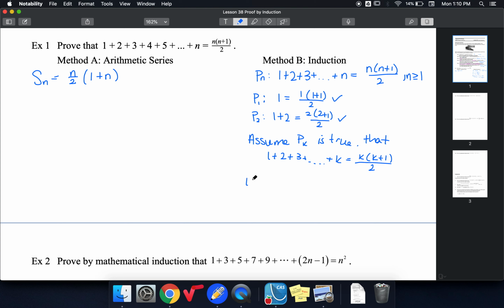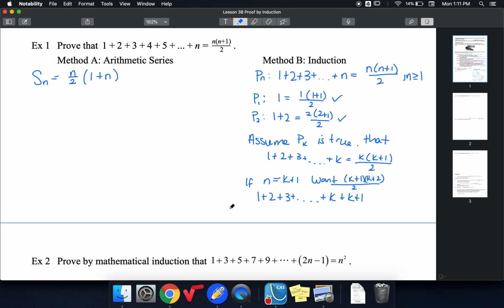If n equals k plus 1, then we would have 1 plus 2 plus 3 up to k plus 1. We want this to be true. We want this to equal k plus 1 times k plus 2 over 2.